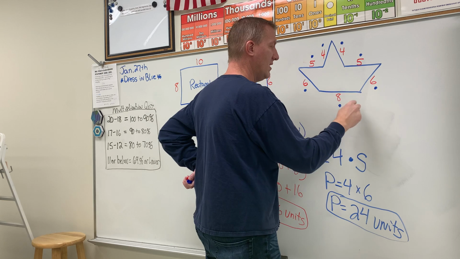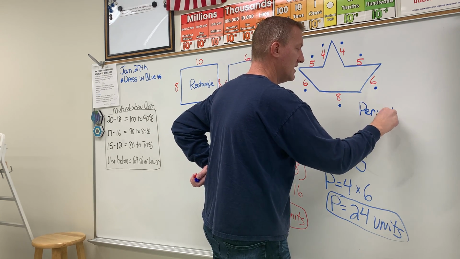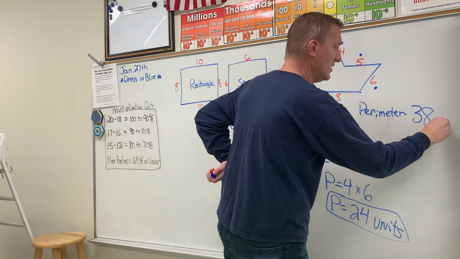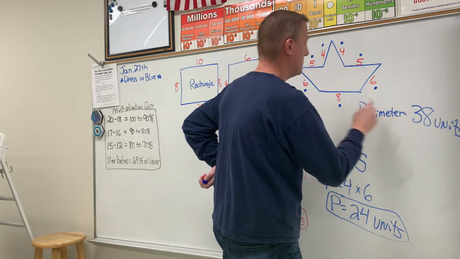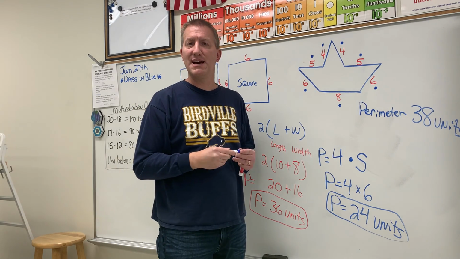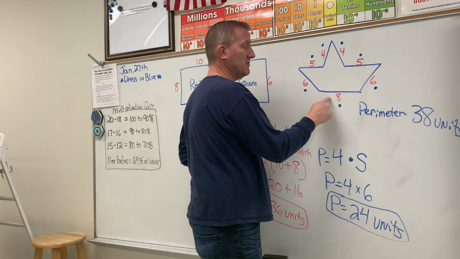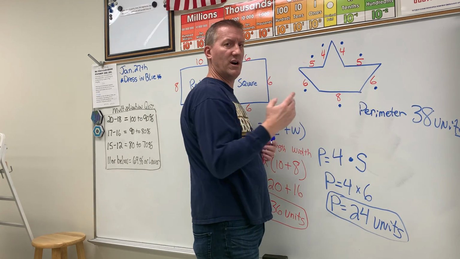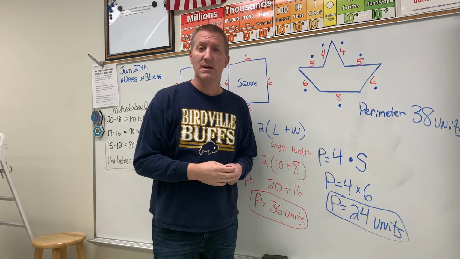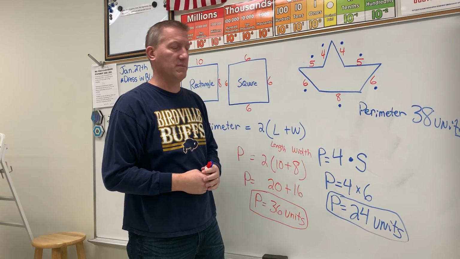So I know my perimeter for this shape is 38 units. I marked each one so I knew I counted it already. I like to do that when I'm counting because sometimes when I go around, I forget where I started and I might count one a second time. Try not to count it a second time, otherwise it's going to throw off your perimeter.